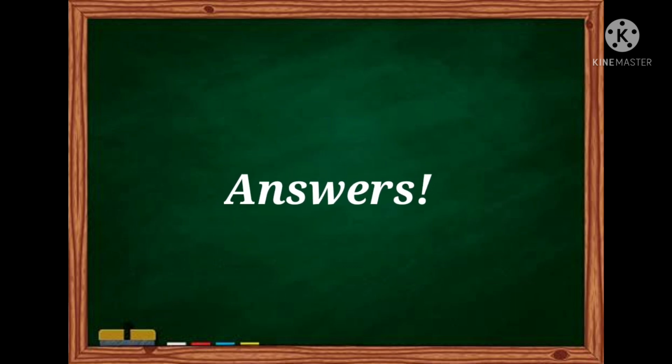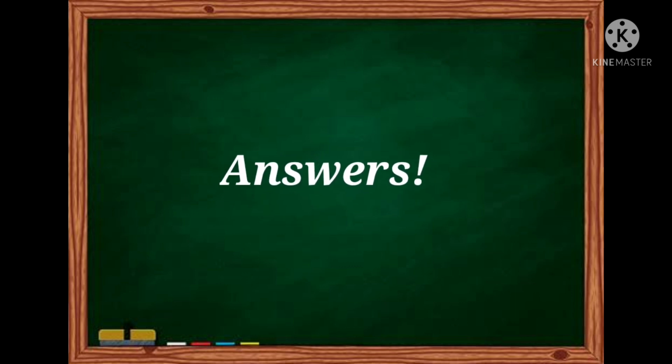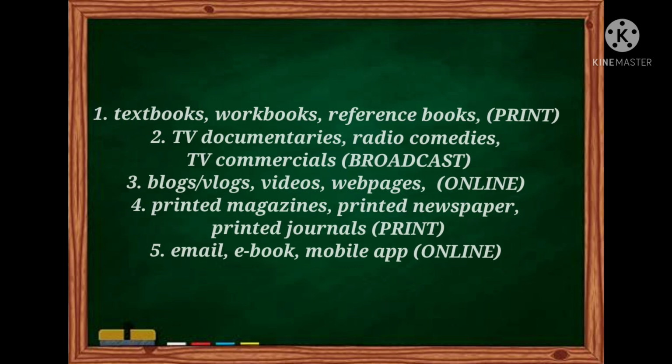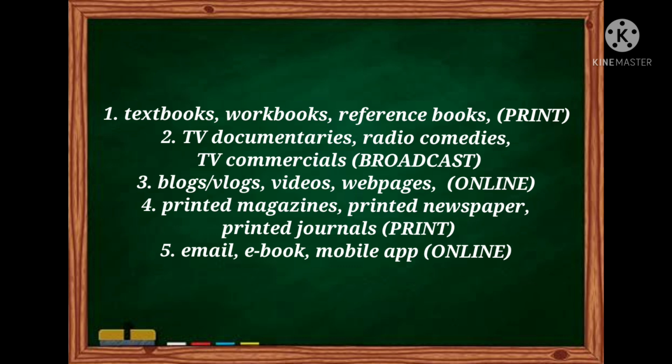So now, let's see if your answer is correct. The remaining 3 materials in number 1 are textbooks, workbooks, and reference books. These are print materials. For number 2, TV documentaries, radio comedies, and TV commercials are broadcast materials.